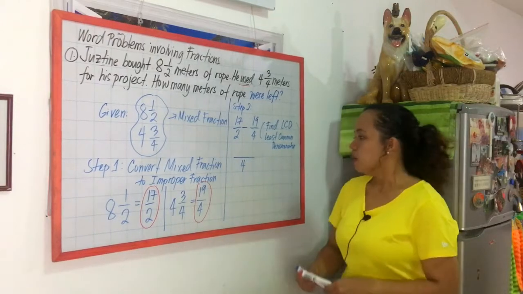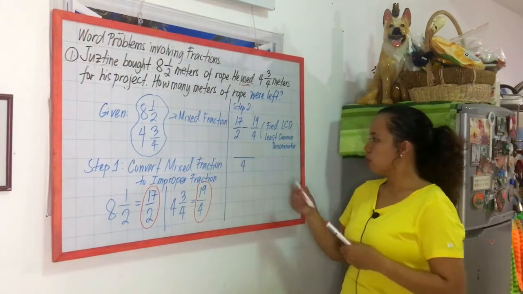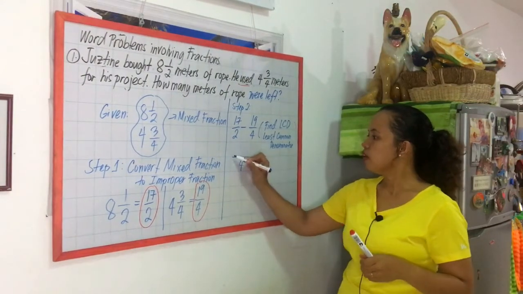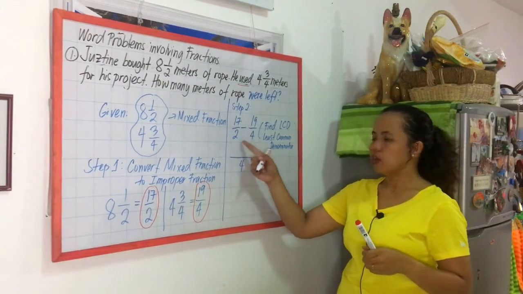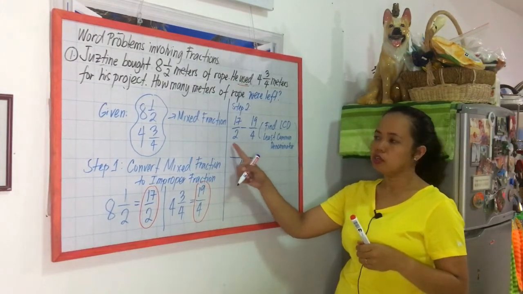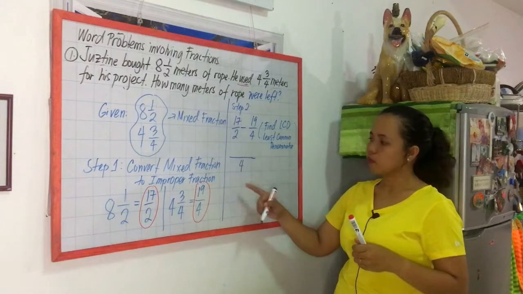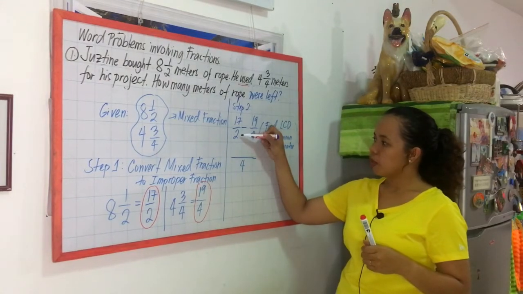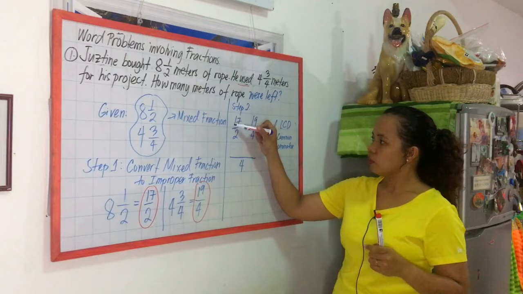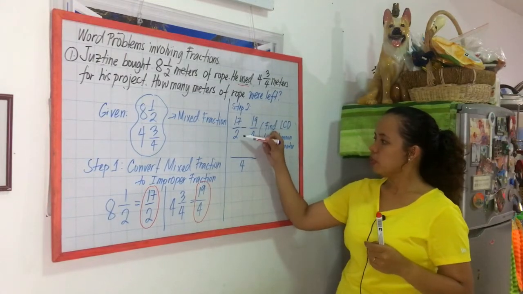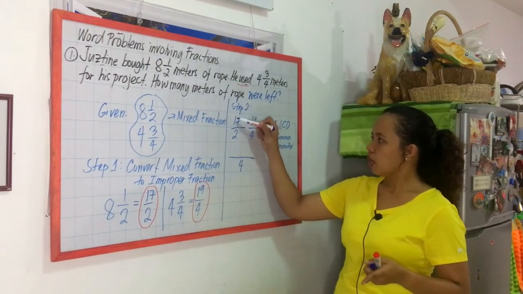Okay, 4. Since we have the common denominator, what we can do is divide this one to each and every denominator sa original fractions natin. So, 4 divided by 2, the answer is 2. Multiply natin sa numerator na 17. 2 times 17.